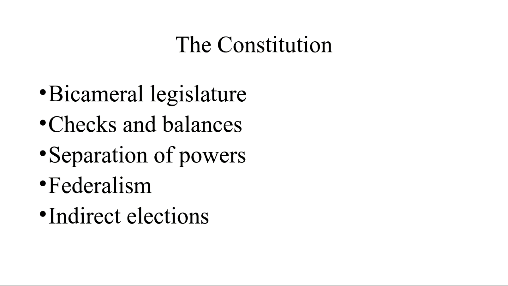The Constitution also created a system of checks and balances so that no one branch could completely dominate the others. They also separated out the powers, right? The legislative branch can pass laws.